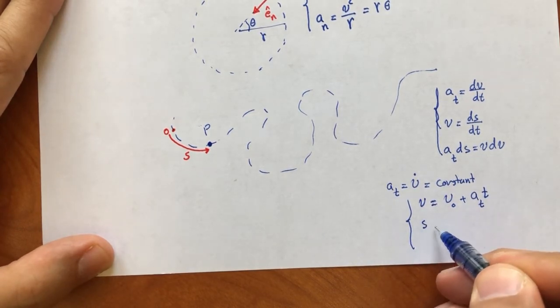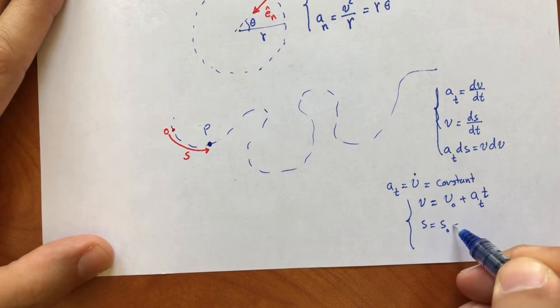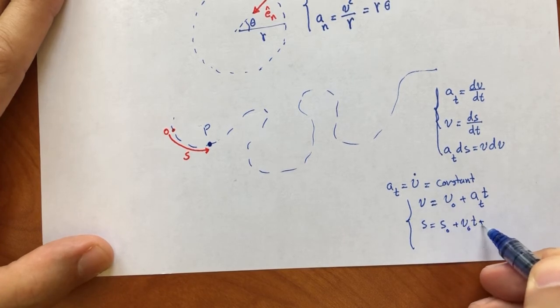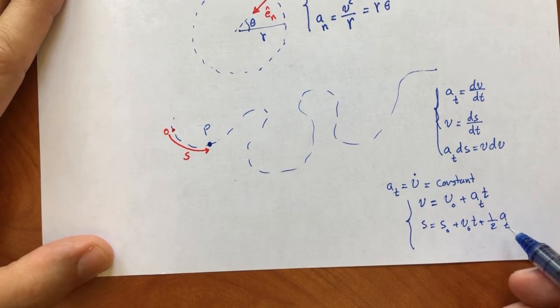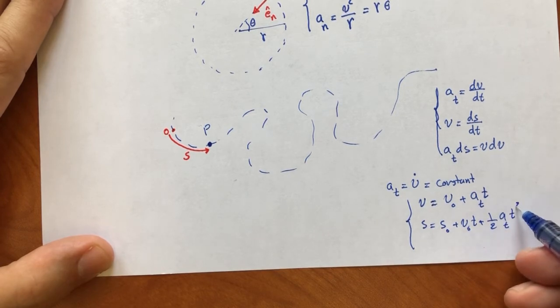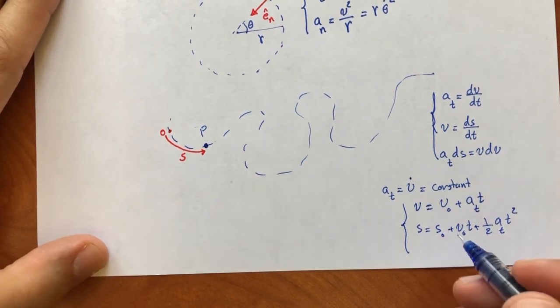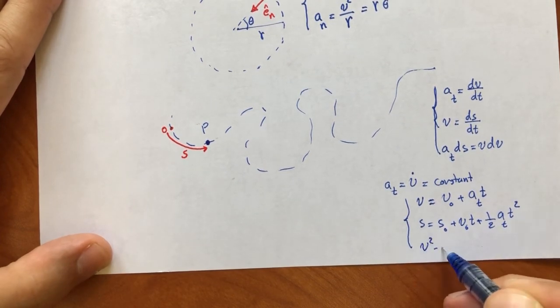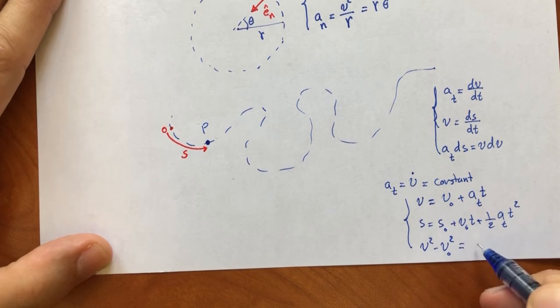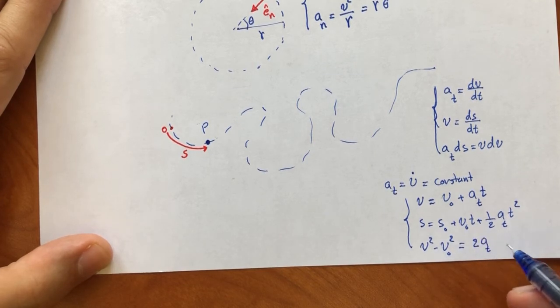And position is going to be initial position plus initial velocity times t plus 1/2 of at, or we can write it v dot, times t squared. And the time-independent equation is going to be velocity squared minus initial velocity squared equal to 2 times at times s minus s naught.